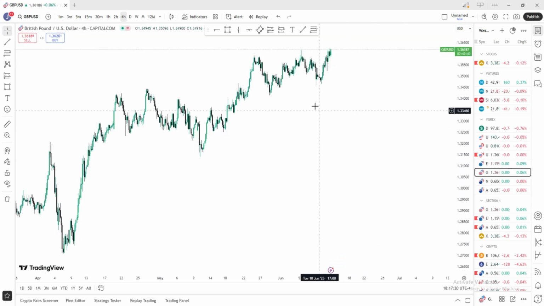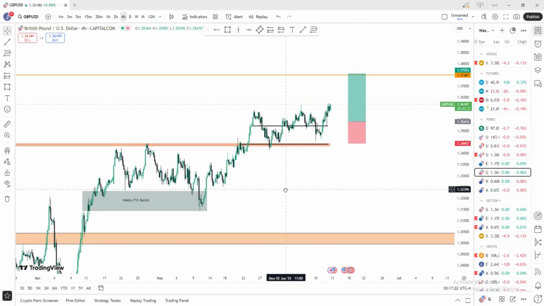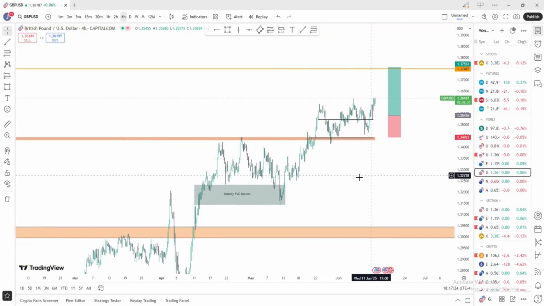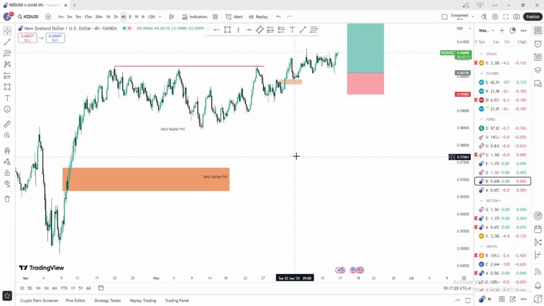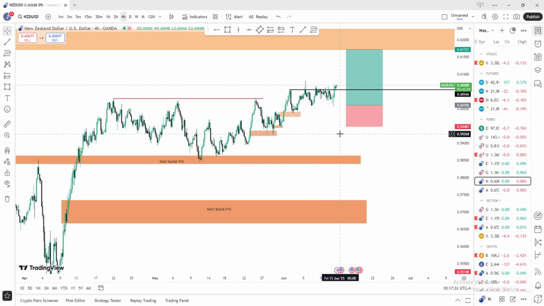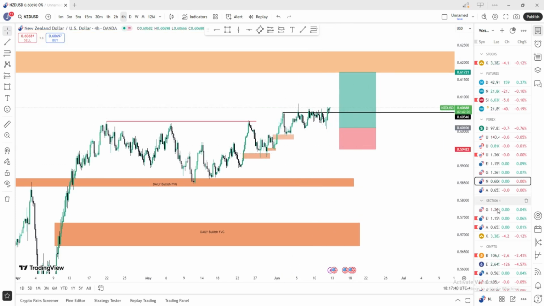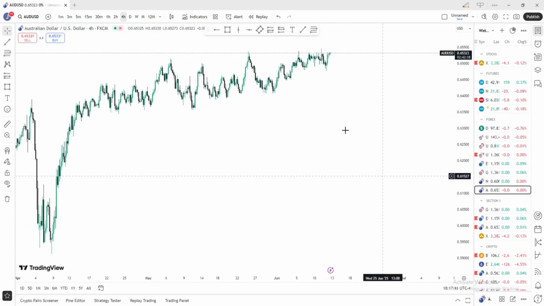Don't play. British pound, same thing. This guy right here is playing, but it's ready to move. You can see I had it from here. Somewhere here, I had it. All these are positions added. AUD, we are ready to go.